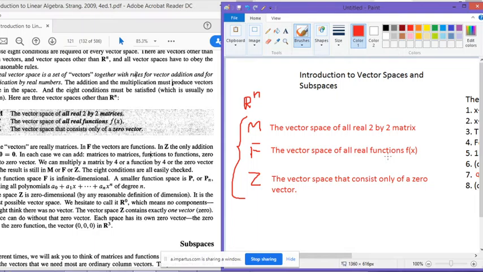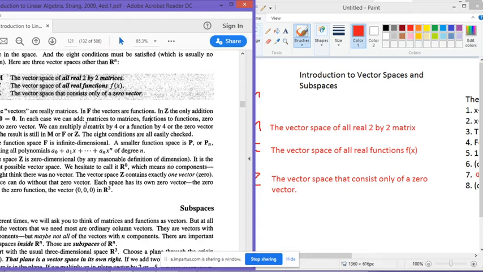And there is one more vector space which consists of only the zero vector. In M the vectors are matrices, in F the vectors are functions, and in Z only addition, say 0 plus 0, will result in 0 itself.